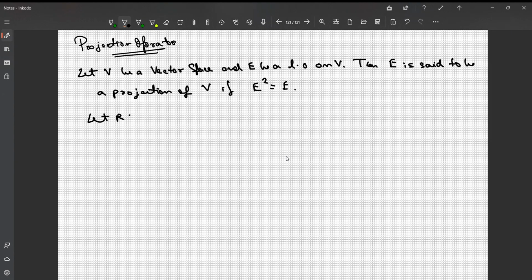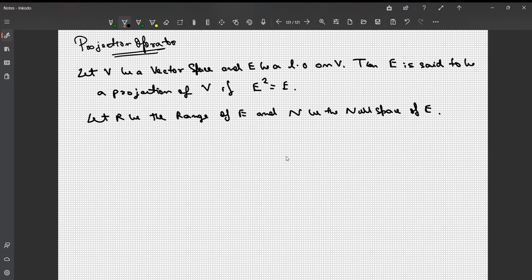Let R be the range of E and N be the null space of E. Okay.